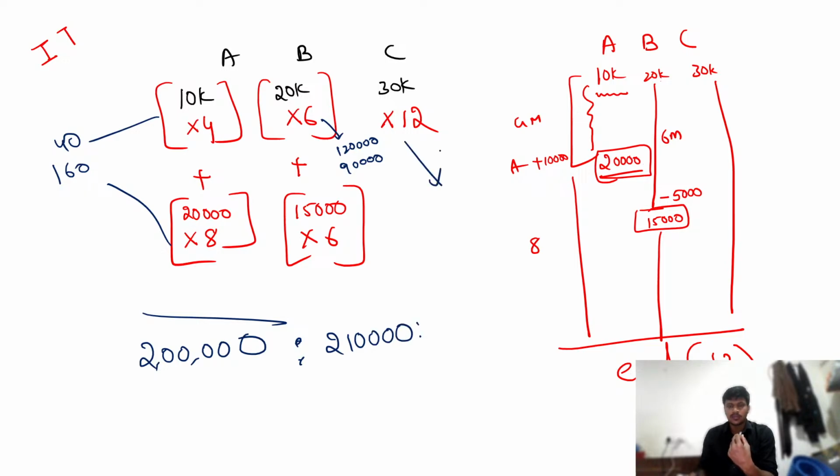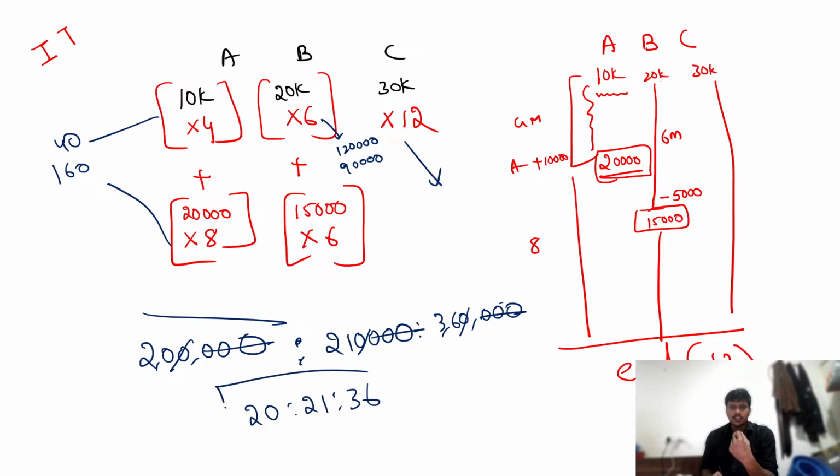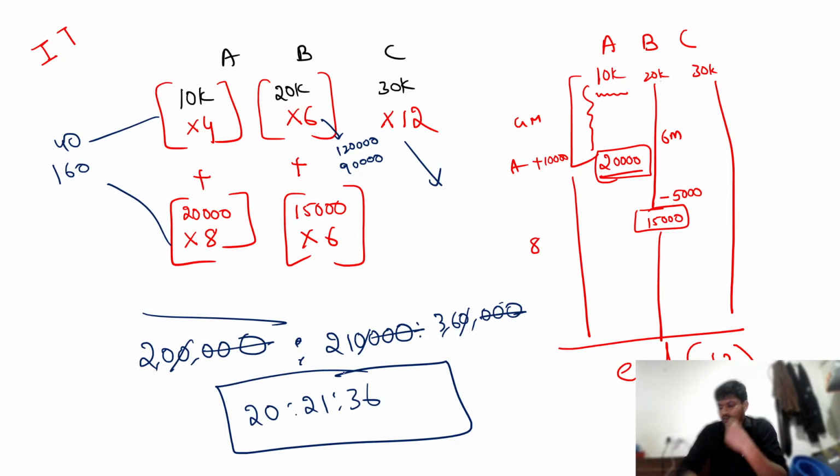And for C, 30 into 12, that is 3,60,000. The 3 zeros cancel, so the ratio is 20 : 21 : 36. This is how you are going to divide your profit ratio, so that you divide your profit in that ratio.